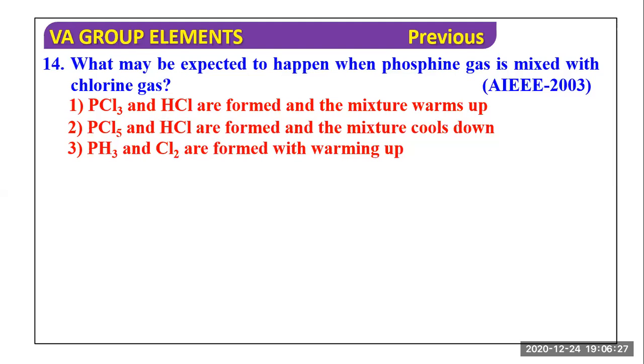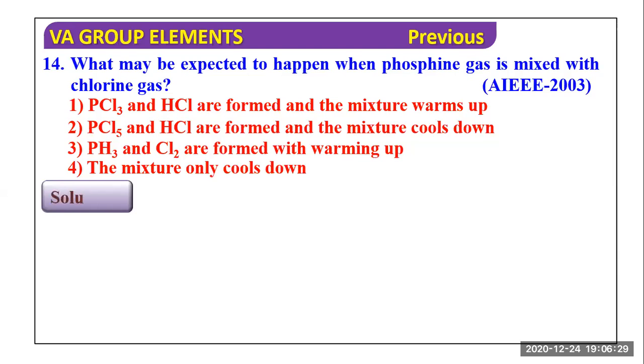And option 4: the mixture only cools down. So phosphine plus chlorine will form PCl3 plus HCl. So this is the reaction.